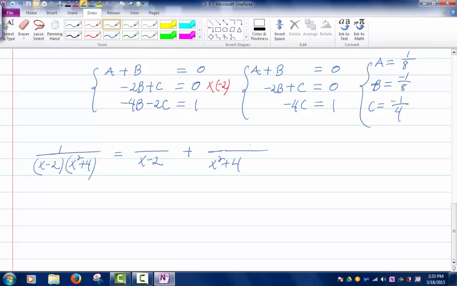So if I do that, A is 1/8, B is negative 1/8, and C is negative 1/4. Okay? And now you can simplify that. This would be 1 over 8 times x minus 2. This would be negative x plus 2 divided by x squared plus 4. Actually, I have to say times 8 here.